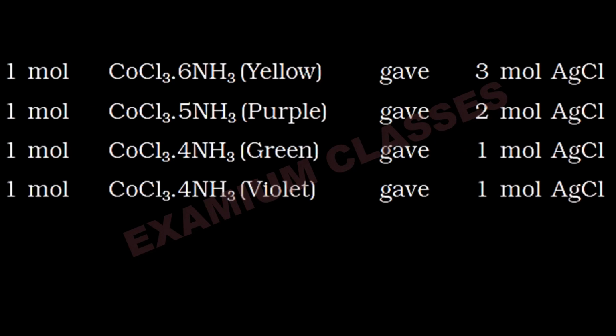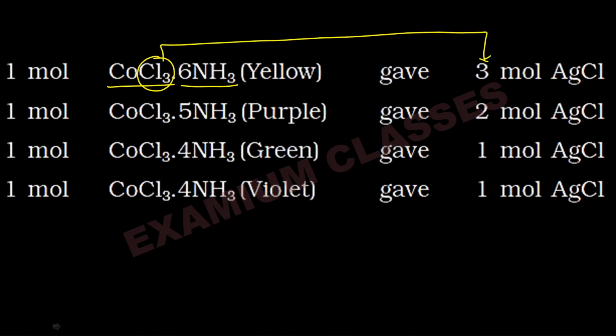So what actually happened? 1 mole of CoCl3·6NH3, yellow, gave 3 moles of AgCl. And how many chlorines are there? 3. And you got 3. Absolutely fine, there is no problem.